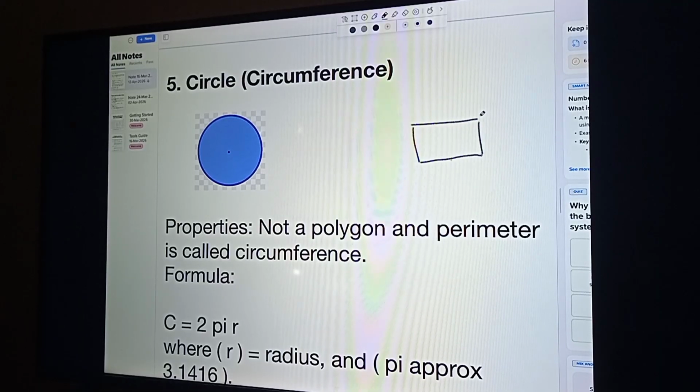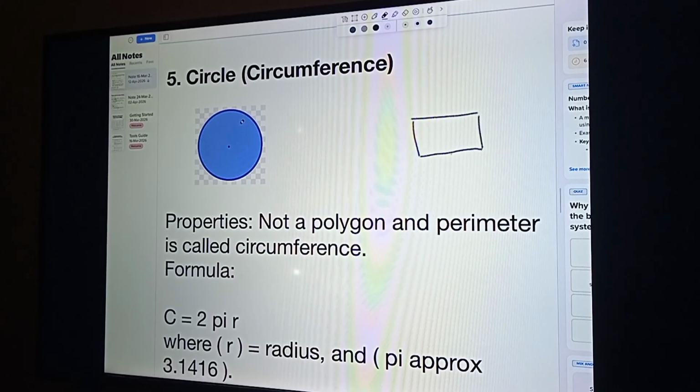Here we can count sides and it is 4, but in a circle we cannot count sides. The perimeter is called the circumference. So if you want to calculate the outside boundary of this circle, this would be called the circumference.